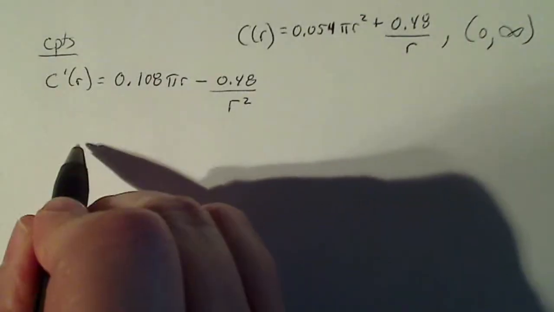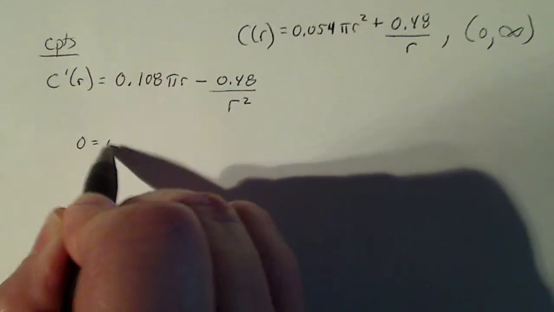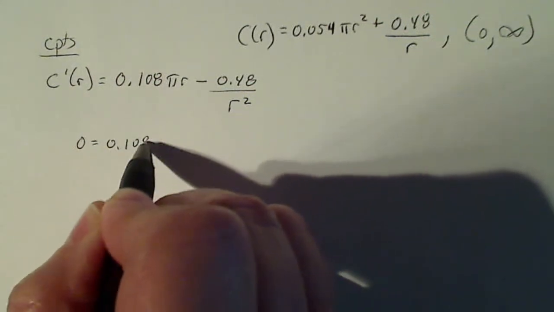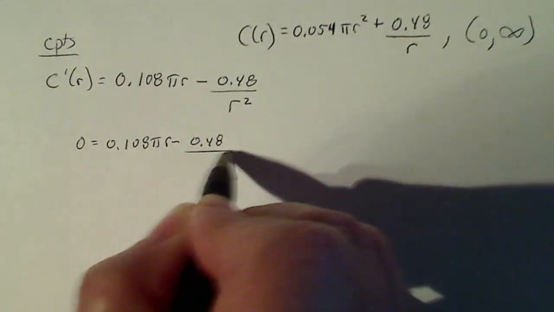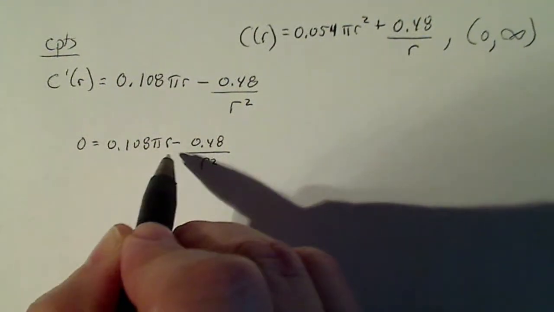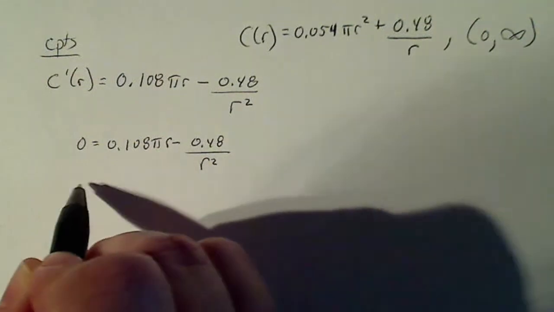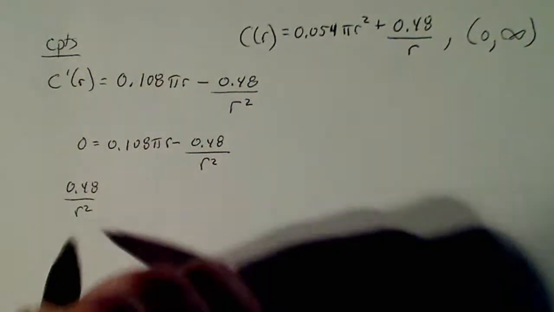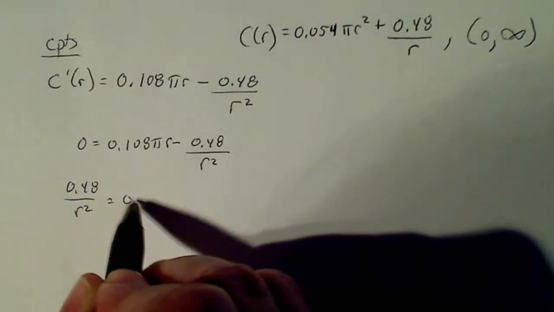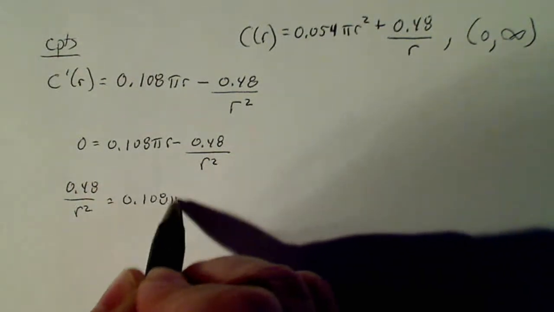Now I have to see where that equals 0 to find critical points. 0.108 pi r minus 0.48 over r squared equals 0. I can add this number to both sides. 0.48 over r squared is equal to 0.108 pi r.